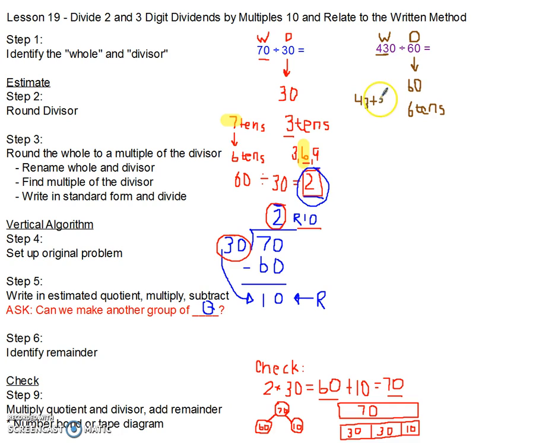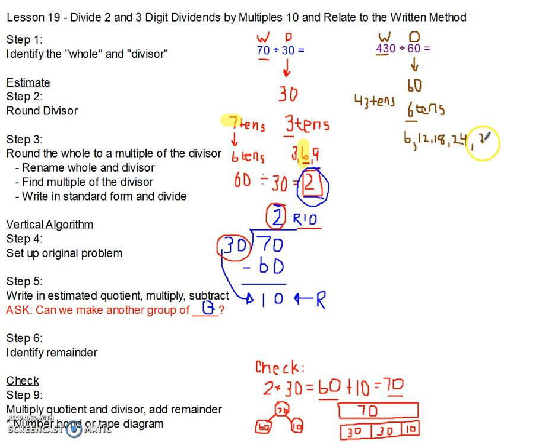Now I want to look for multiples of my divisor, 6. So I'm going to list out my skip counts, or my multiples of 6: 6, 12, 18, 24, and I'm trying to get up to somewhere that's close to this 43.